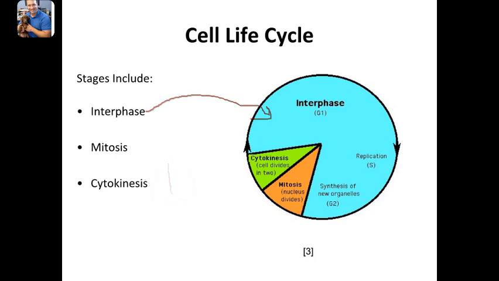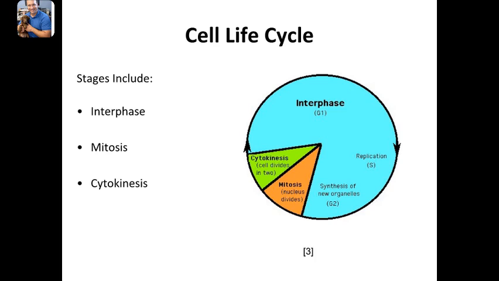All right, so all the activities, its growth, its messing around with its genetic material, its DNA, the synthesis, the making of those organelles like the nucleus and the endoplasmic reticulum, that's happening all the time, and that phase is called interphase. That is the biggest, most active phase of the cell life cycle.